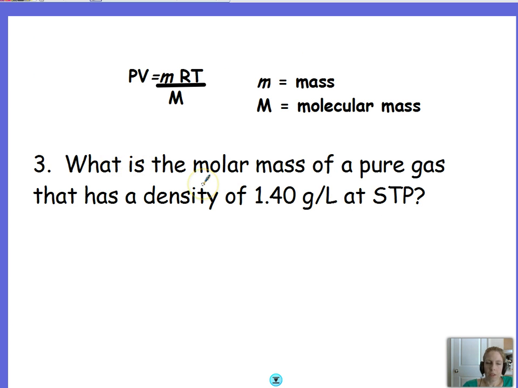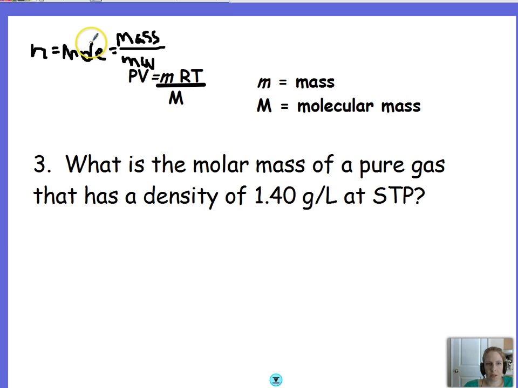So, this question asks, what is the molar mass of a pure gas? So, if we have PV equals nRT, do we agree that n equals moles, which equal mass divided by the molecular mass, or the molecular weight?